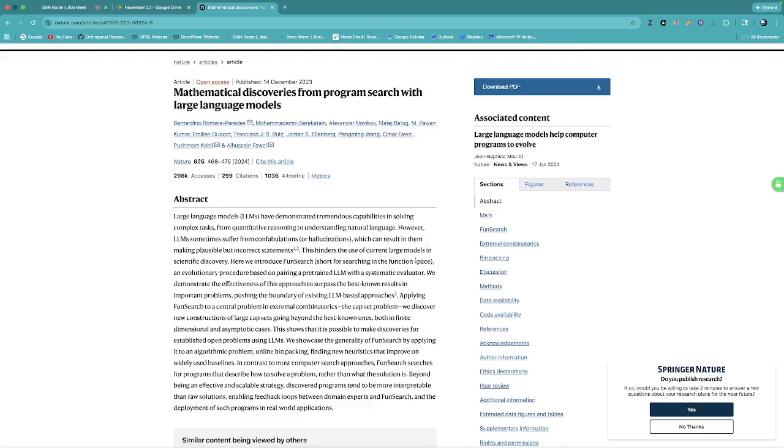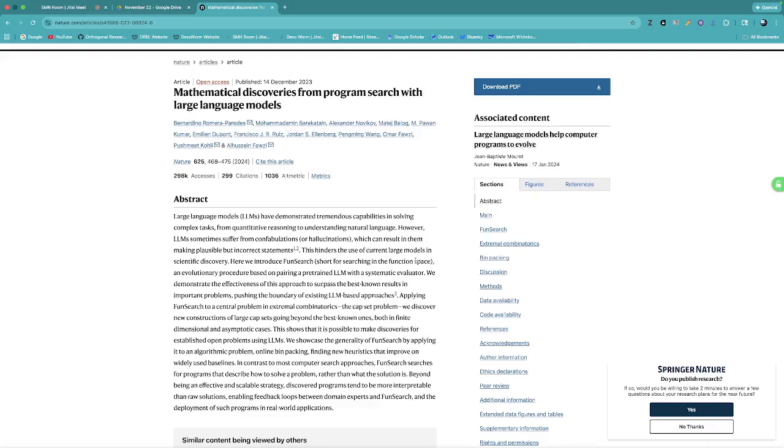Applying FunSearch to a central problem in extremal combinatorics, the capset problem, we discover new constructions of large capsets going beyond the best known ones, both in finite dimensional and asymptotic cases. This shows that it is possible to make discoveries for established open problems using large language models.